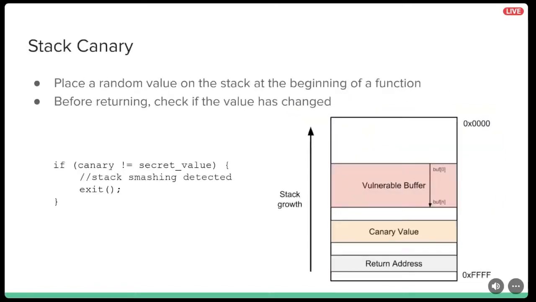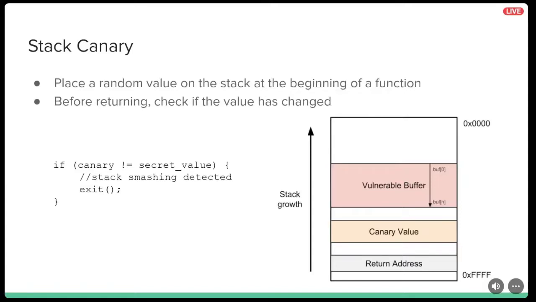So that's ASLR. The other thing that's a very simple solution to some of these problems: all these attacks rely on overwriting the return address. So what if we use something to check whether the space between the buffer and the return address has been modified? That's essentially a stack canary. We put some random secret value on the stack between the buffer and your return address, and before we return, we check whether the canary got changed.